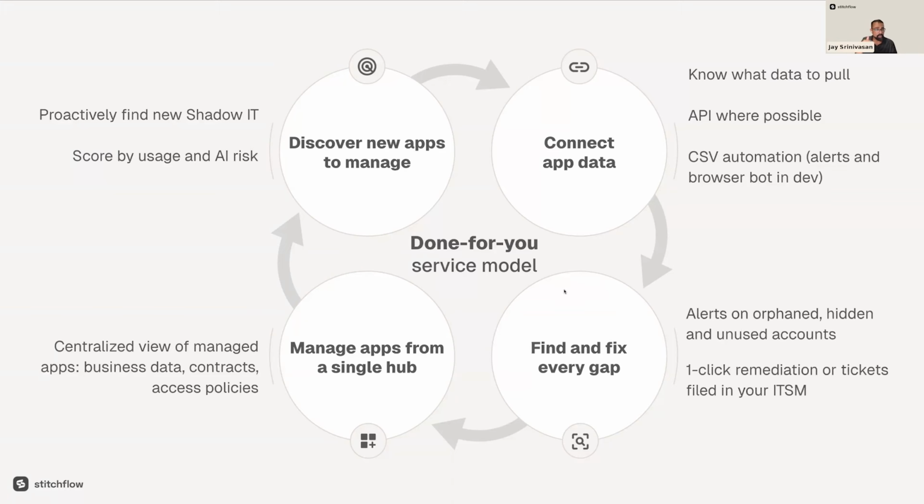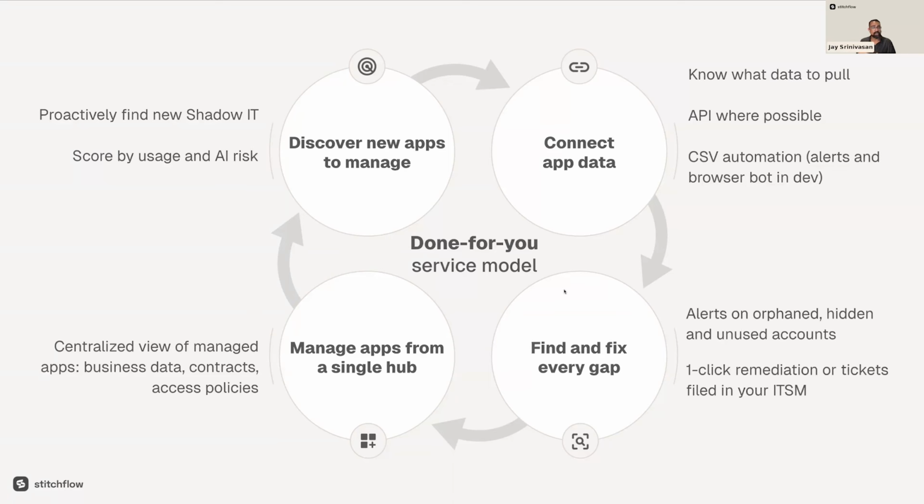And for every application, connected or disconnected, it's constantly scanning for orphaned, hidden, or unused accounts. And when there are gaps, you get alerted on those. Those alerts can be remediated directly in Stitchflow, or Stitchflow will create a ticket in your ticketing system. So this is the crux of the product.